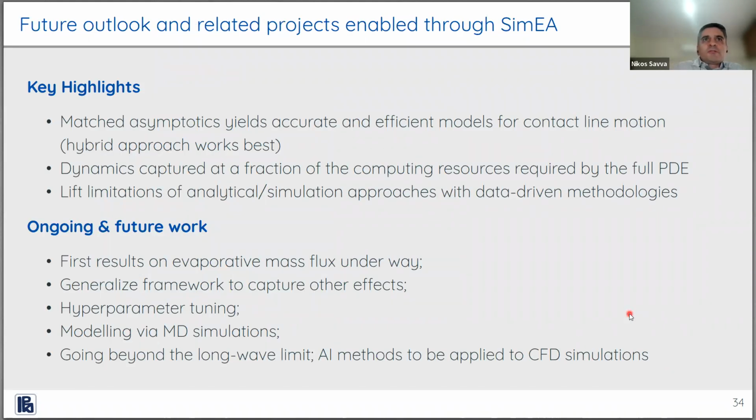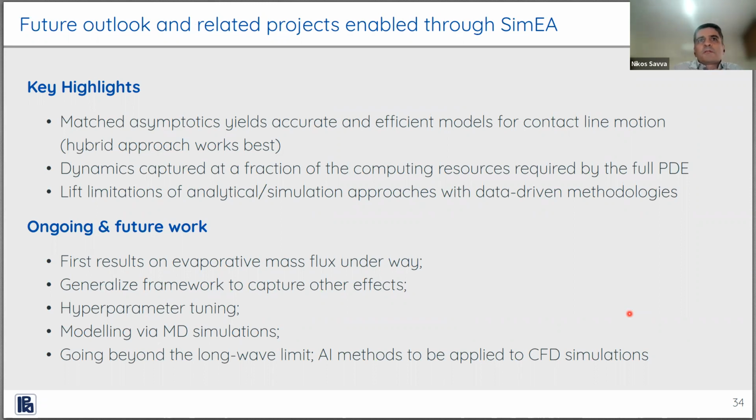So in conclusion, these are some key highlights. We saw that matched asymptotics are able to obtain accurate and efficient models for the contact line dynamics. And we saw that the hybrid approach works the best. The dynamics is captured at a fraction of the computing resources compared to the full PDE.